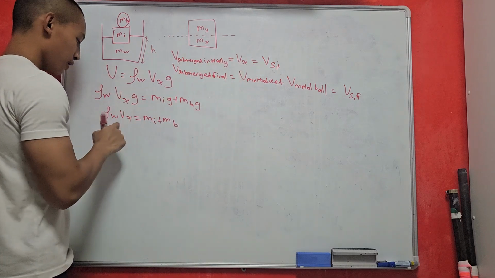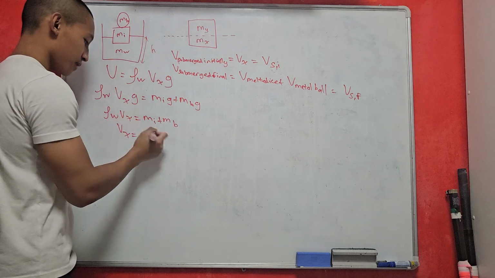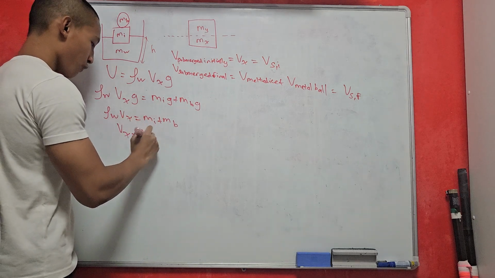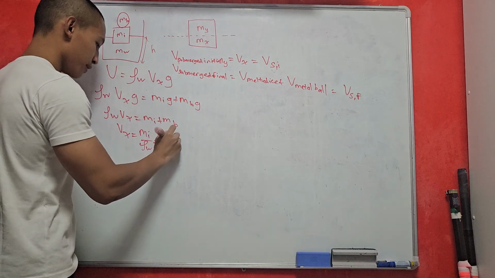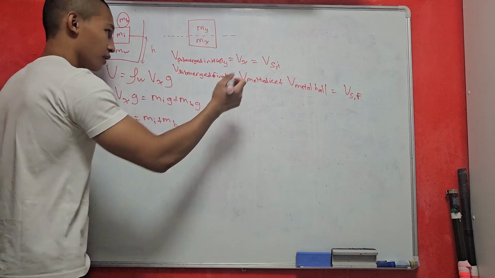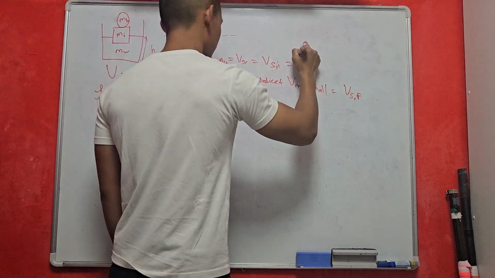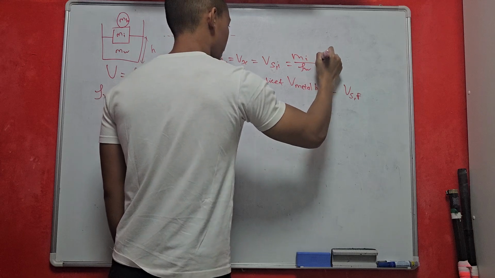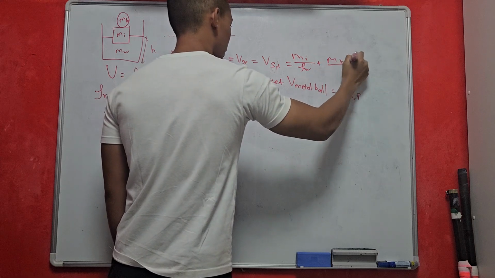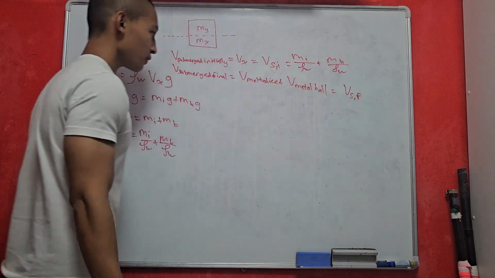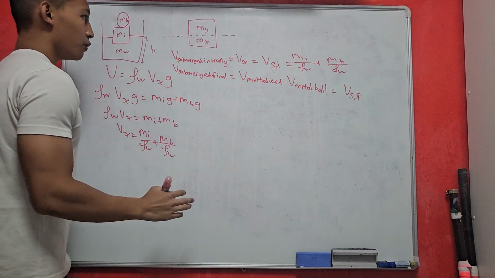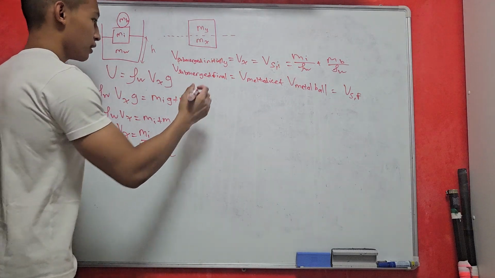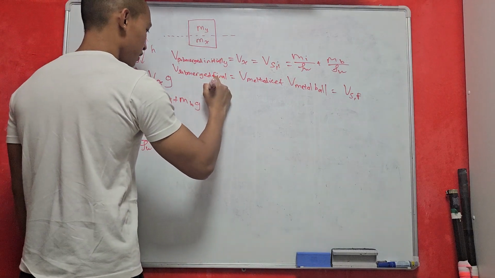You can make vx the subject, so mi over rho w plus mb over rho w. So this is the mass of the ice over the density of water plus the mass of the metal ball over the density of water.